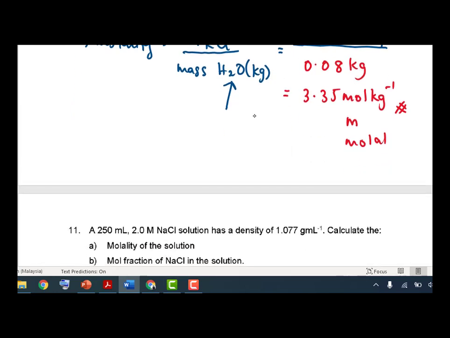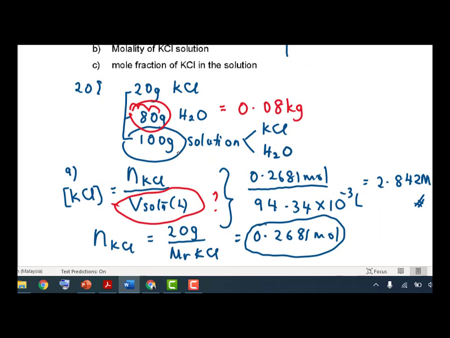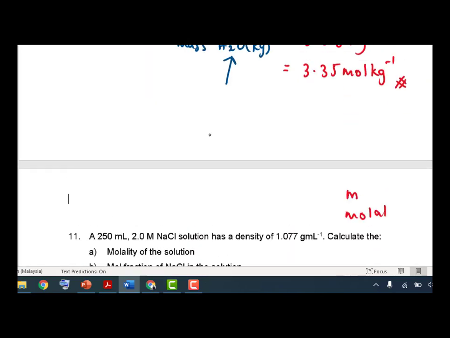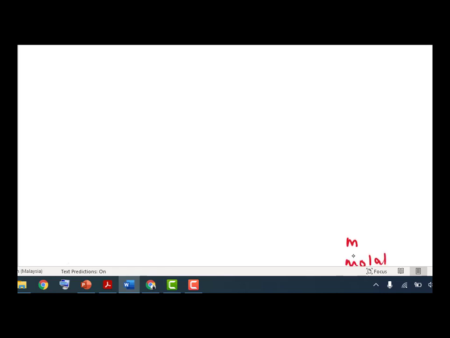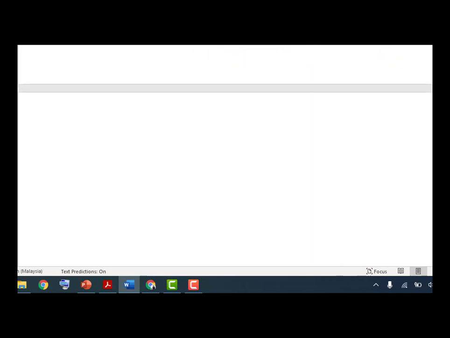Then next, question C. Question C is asking you to determine the mole fraction of KCl. What is the symbol of mole fraction?